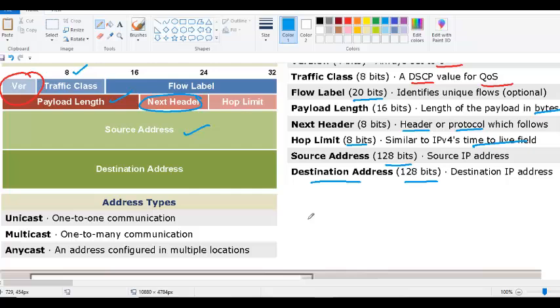For example, if you are doing MPLS, are you listening? If you are doing MPLS, usually the MPLS layer will be a separate layer in IPv4.